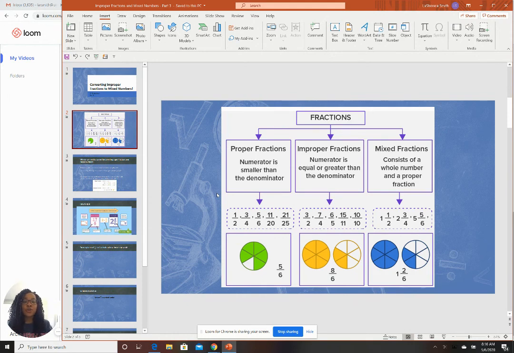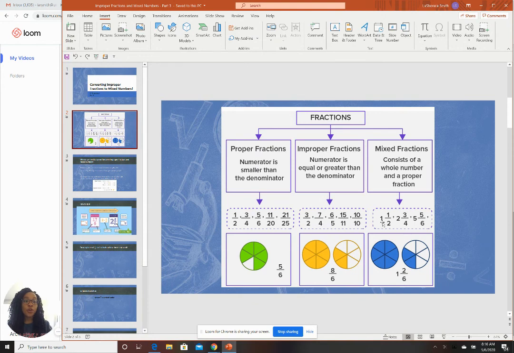As you know, you've been over this diagram a couple times, but proper fractions is when the numerator is smaller than the denominator. Improper fractions is when the numerator is greater than or equal to the denominator. As you can see, this first one, the 3 is larger than the 2, so that's an improper fraction. And our mixed numbers consist of a whole number and a proper fraction.